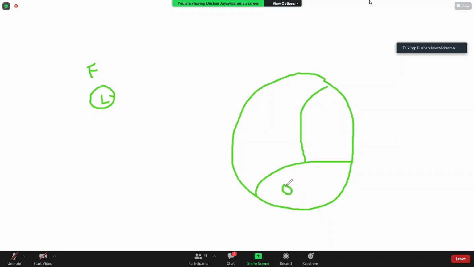Let's say from 0 to 12, one segment, and then 13 to 20, and then 20 to 35, and 35 and above. These are segments. Now we analyze each segment.